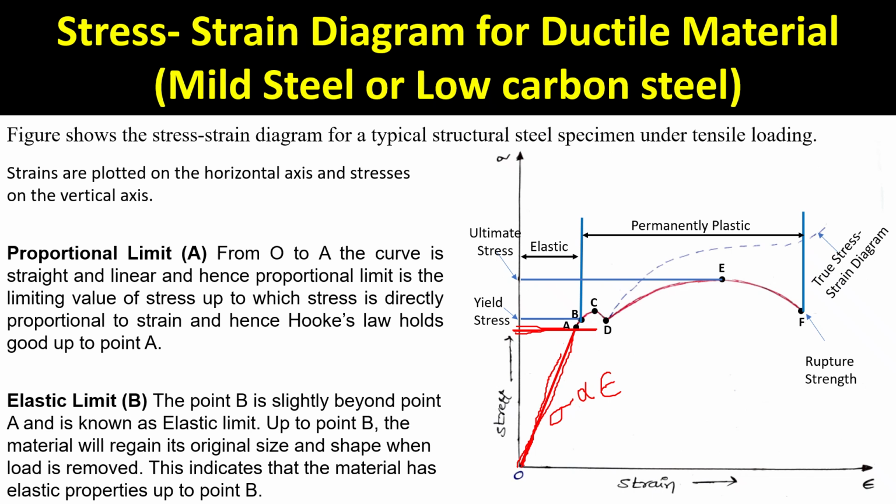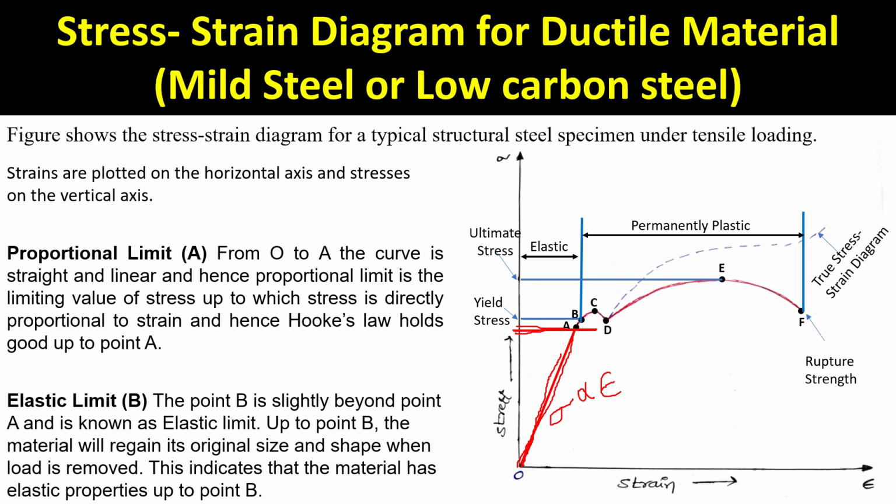This indicates that the material has elastic properties up to the point B. So in the previous lecture already we discussed elastic material means the material regains its original size and shape when the load is removed. So here also the point B is the elastic limit.